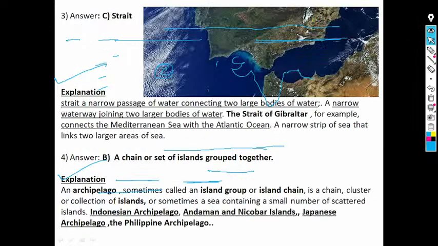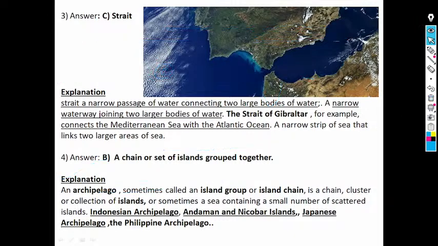देखिए, as I said, strait is a narrow passage of water connecting two larger bodies. A narrow waterway joining two larger bodies. For example, the Strait of Gibraltar.